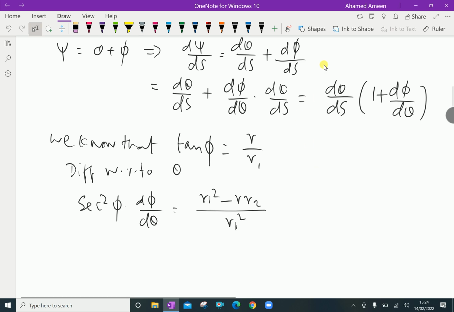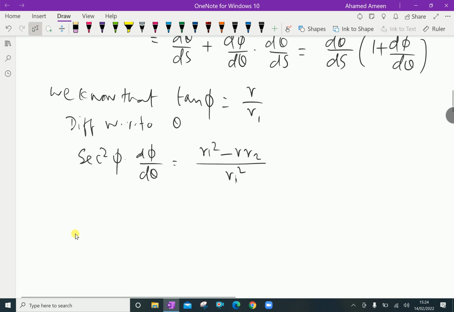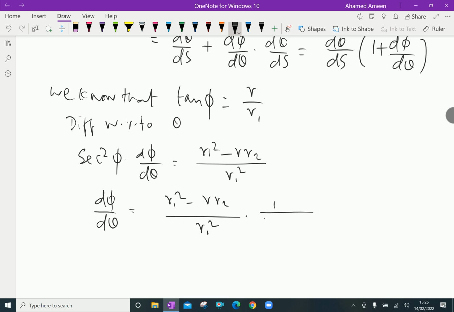Further, here we have d phi by d theta can be written as (r1 squared minus r r2) over r1 squared into 1 over secant squared phi, and the secant squared can be written as 1 plus tan squared phi, so 1 over 1 plus tan squared phi.